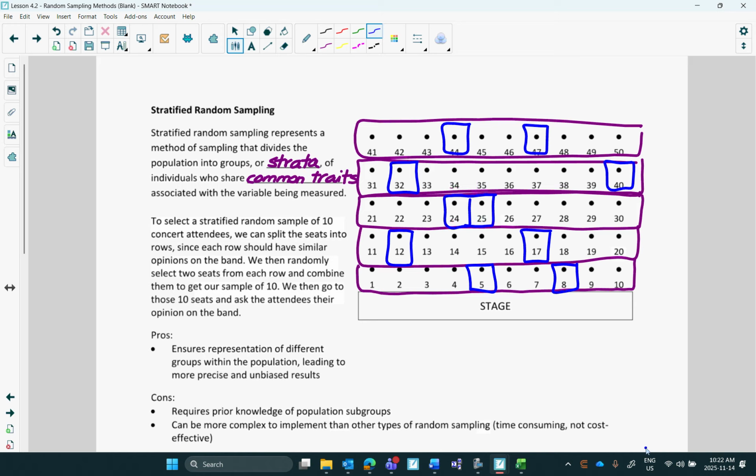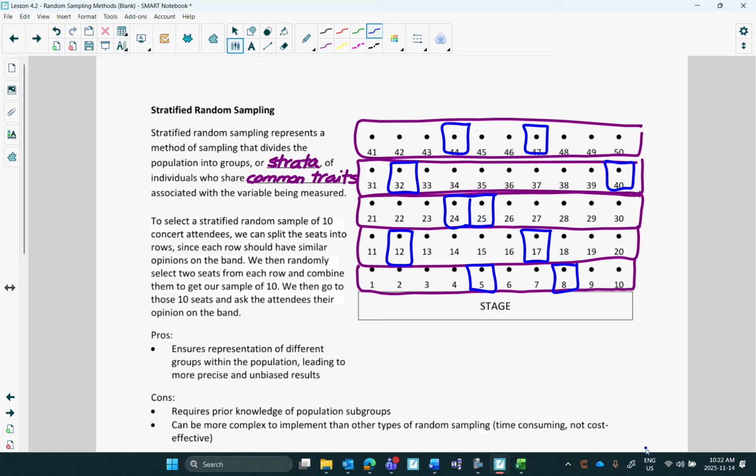Because like what happens if for some reason you decided to do a simple random sample and all 10 you got were here? Maybe that's not representative. Okay? Or all 10 you got were near the back. Maybe not representative.